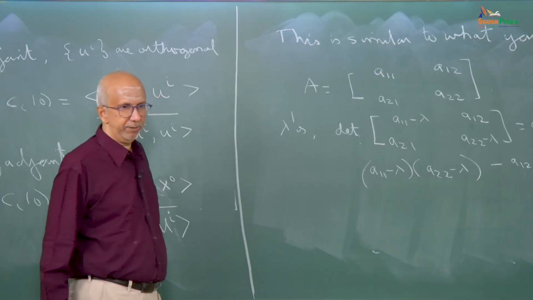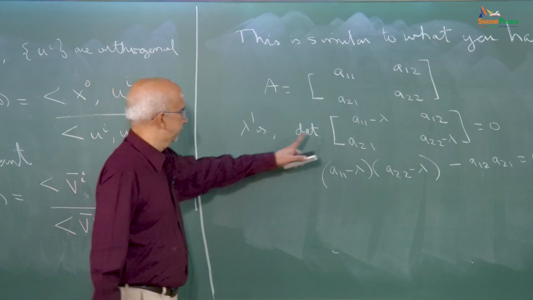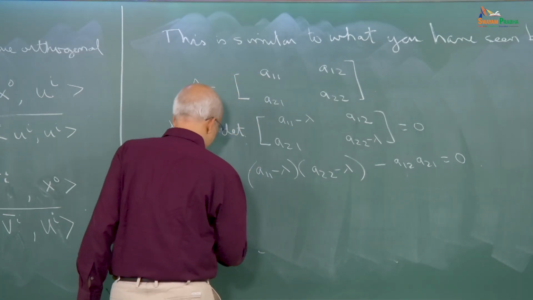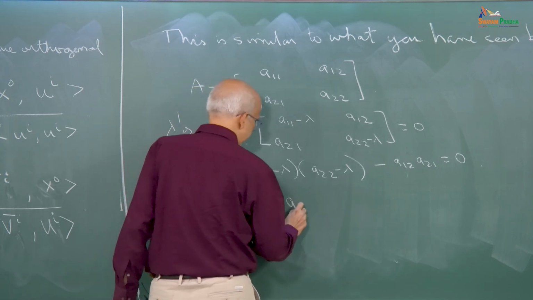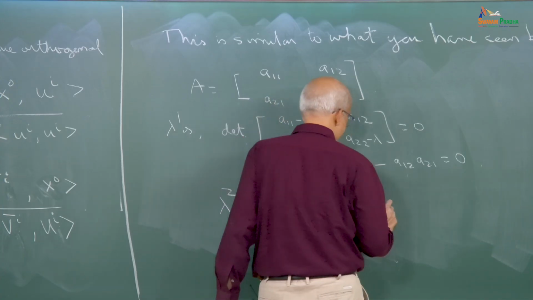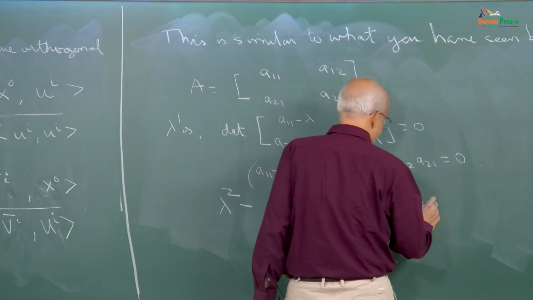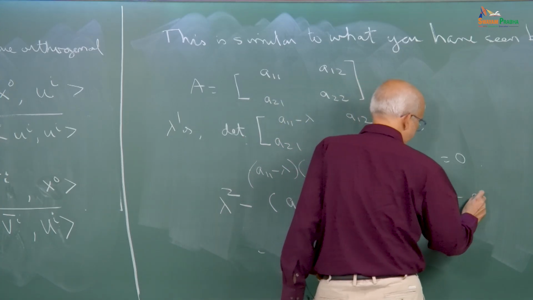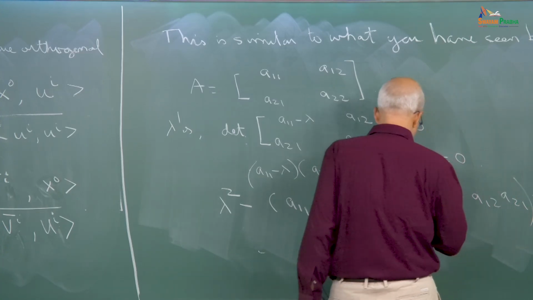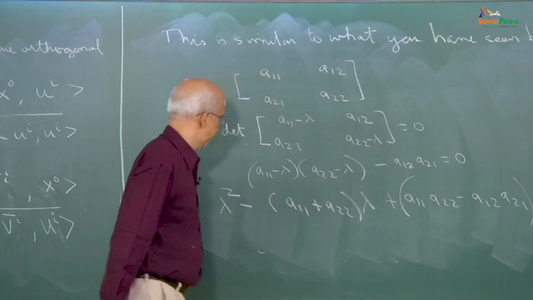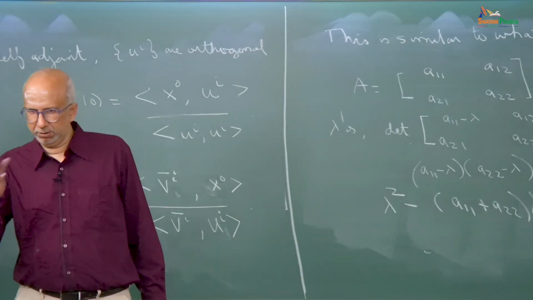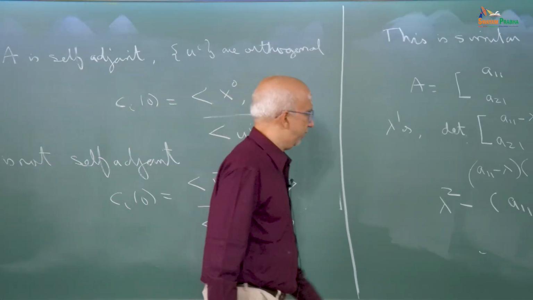Okay, that is the determinant. This multiplied by this minus this multiplied by that, you expand this out, you get lambda squared minus (A11 plus A22) lambda plus A11 A22 minus A12 A21 equal to 0. So, that is just simple. What is this?